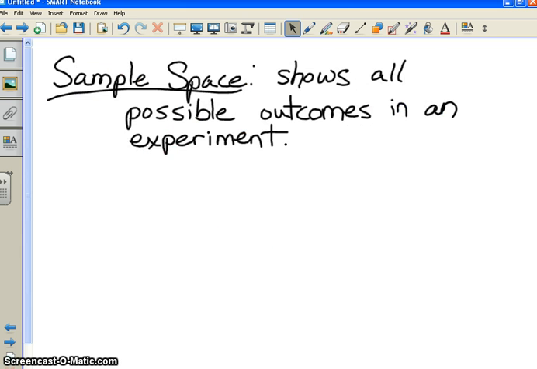If there's multiple parts to an experiment or multiple stages, sometimes a sample space is helpful, and the sample space shows all the possible outcomes of an experiment. So for example, if I were to take a coin and flip it 3 times, I'm going to draw a sample space that will show all my possible outcomes.